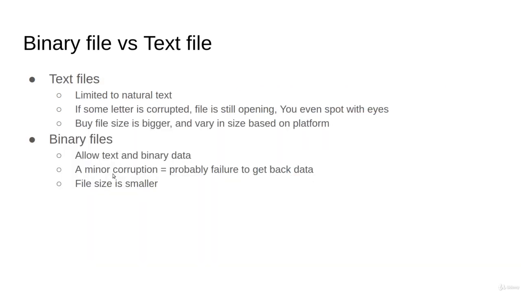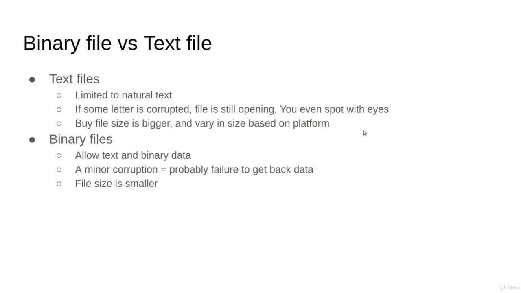So what is the difference between both of them? The text files normally are natural text, something that you can read. If you played with some letters in a text file, the text file will not be corrupted. You still can open it. And you can even with your eyes spot where are the mistakes or the problems. But one issue with the text file is that their file size is growing bigger. And also another concern, the file size varies based on the platform.